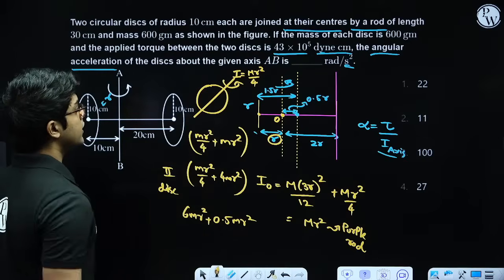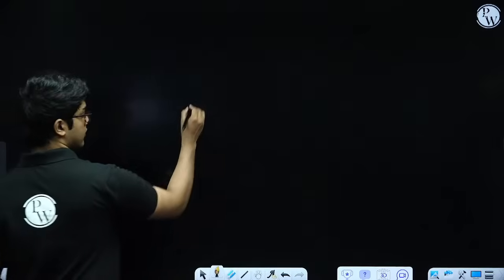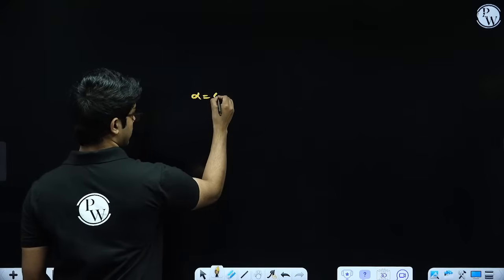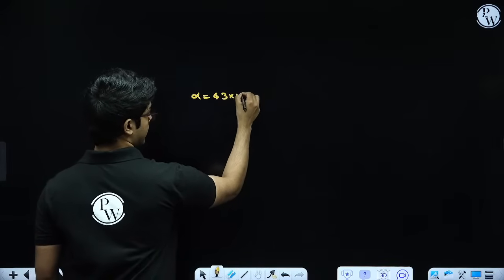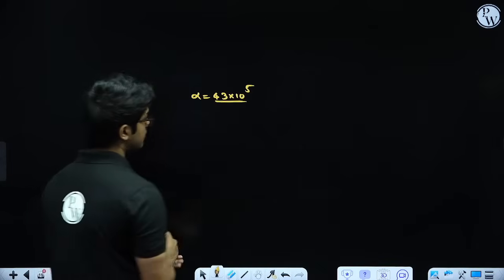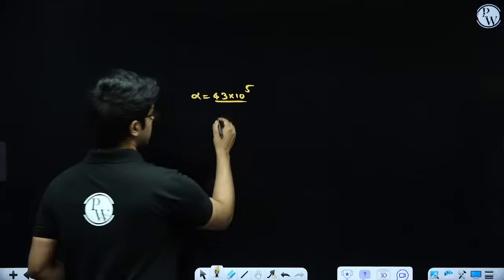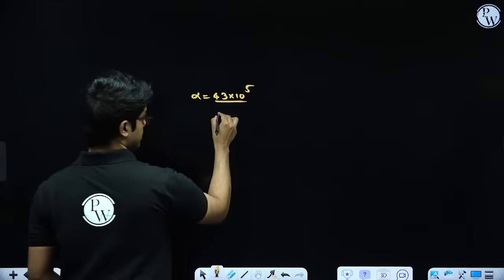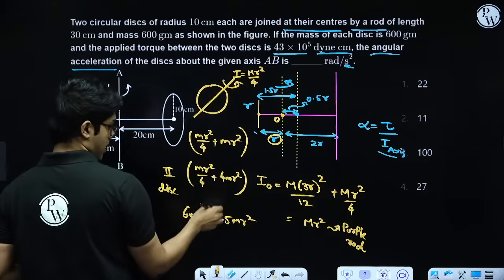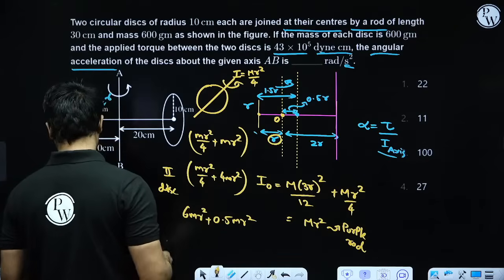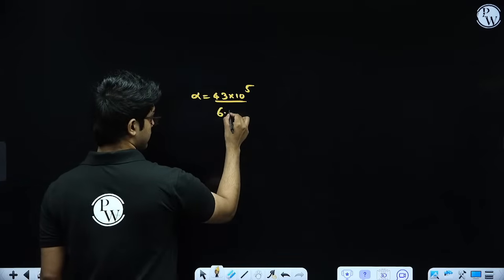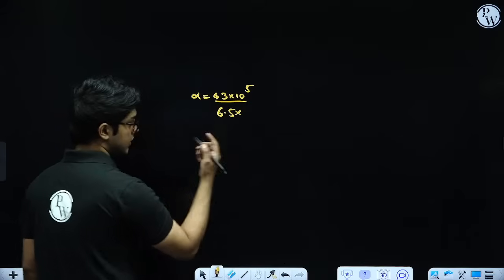Torque is 43 into 10 to the power 5. I'm not modifying the units, we'll just keep everything in CGS units. Then we'll divide it by the moment of inertia, which is 6.5 mr square. Mass was 600 grams.